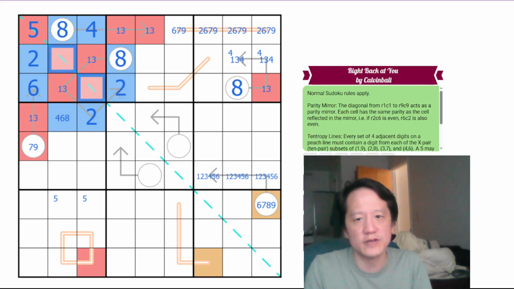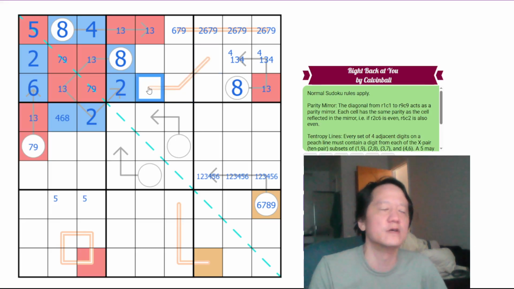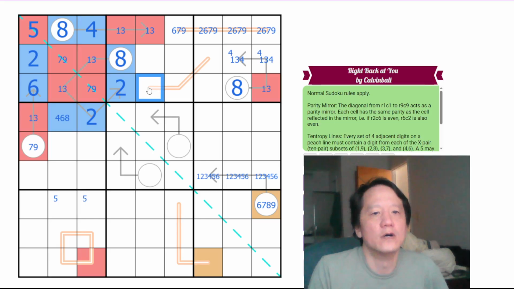This has to be a 7, 9 pair, and they're both odd. 2 cannot be in either of these spots. 8 cannot be in either of these spots. Therefore, it must be 7, 9.